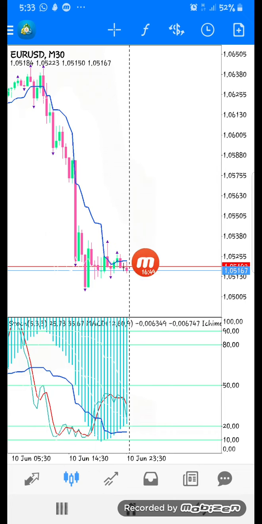That is one criterion. And the second criterion is that when this Ichimoku now curves and starts facing upward a little bit, the slightest bend upward, that's when you enter your trade.